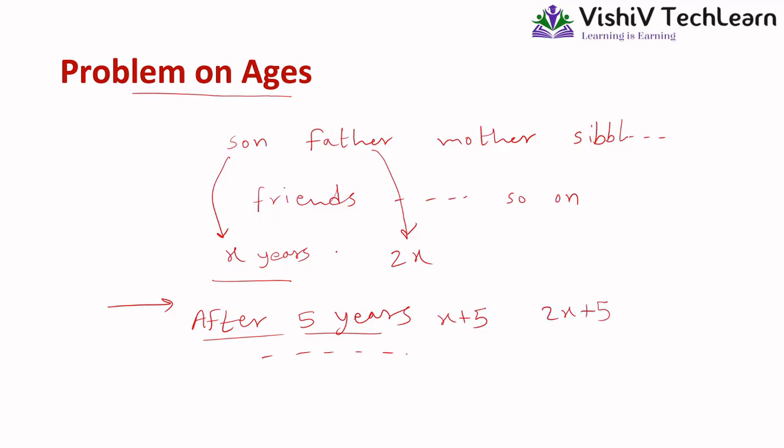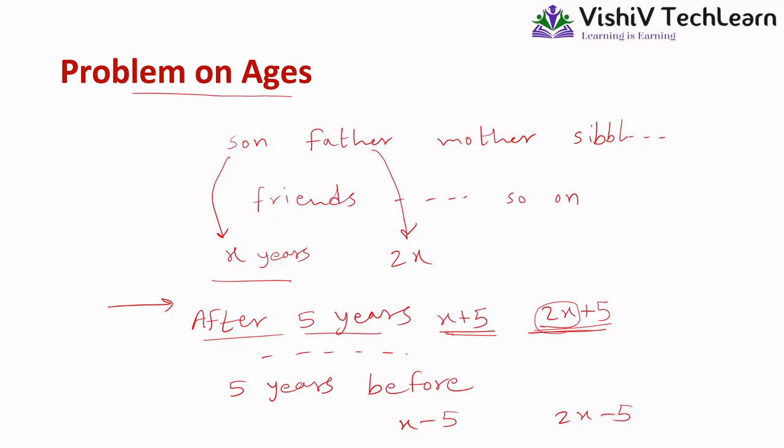Because if the son's age has increased by 5 years, then the father would not remain at 2x, it would be 2x plus 5. Similarly, if we are talking about 5 years before, then we simply subtract it, x minus 5 as well as 2x minus 5.